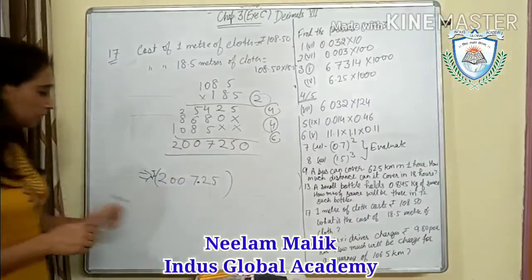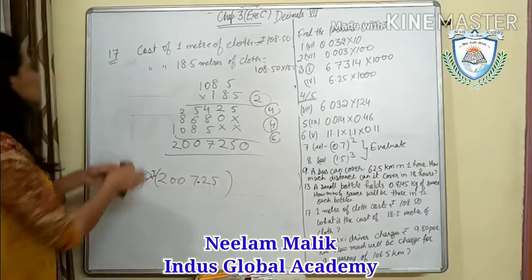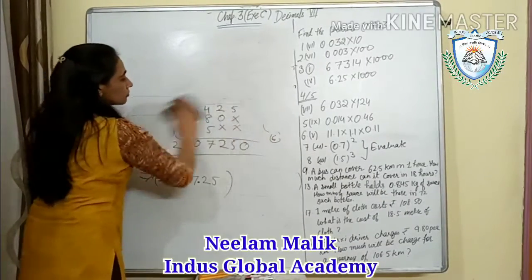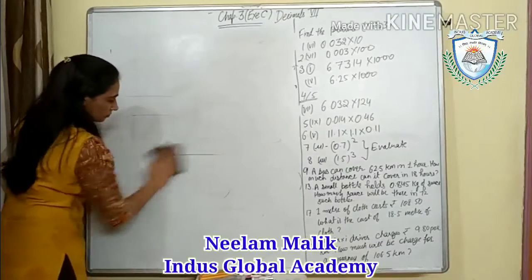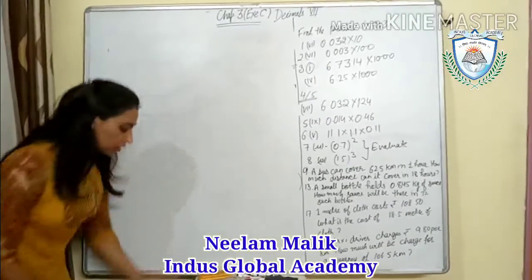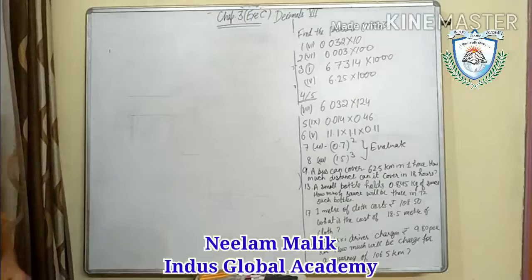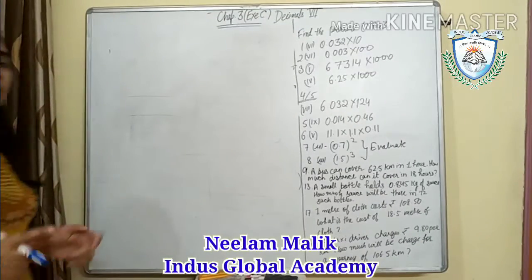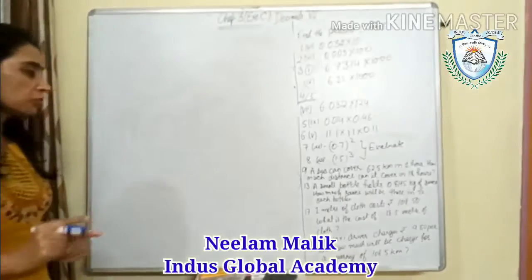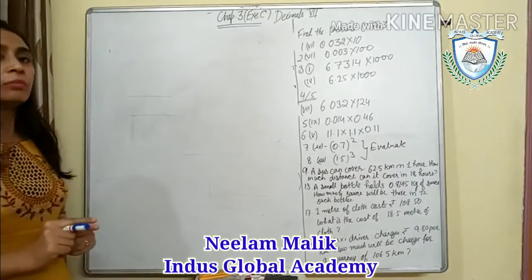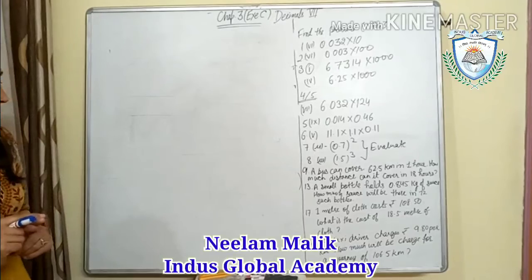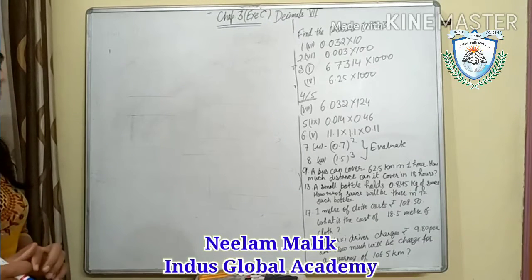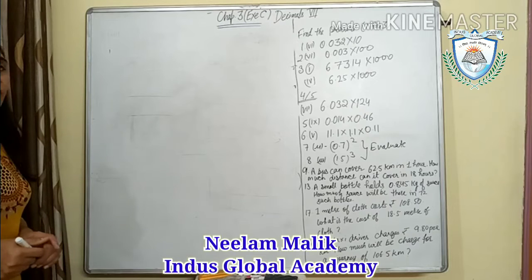Now question number 19. In question number 19, the statement is: a taxi driver charges rupees 9.80 per kilometer. Means for 1 kilometer, the driver is taking 9 rupees 80 paisa. How much will be charged for a journey of 106.5 kilometer?